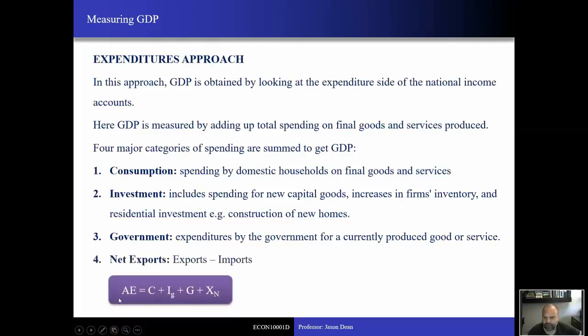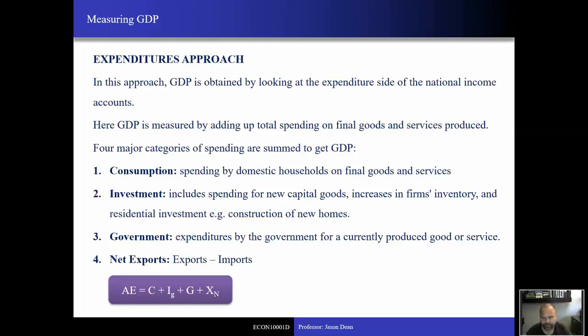So aggregate expenditures can be represented by the formula here. It's equal to consumption, investment. Now there's a little G here, that's investment. So when we're talking about investment, we're talking about all the money spent in a particular time period on things like tools, capital equipment, construction of new homes.